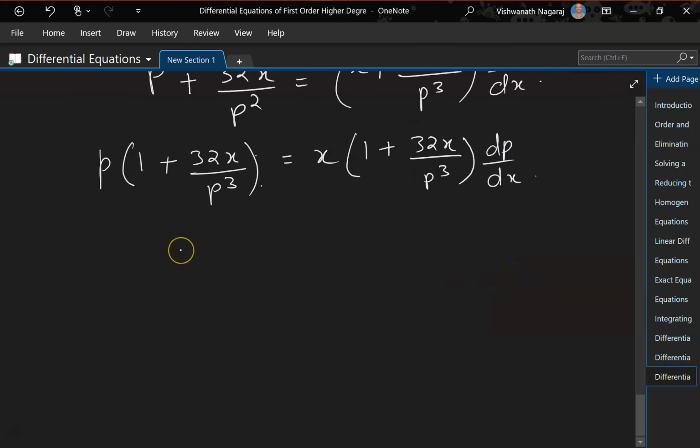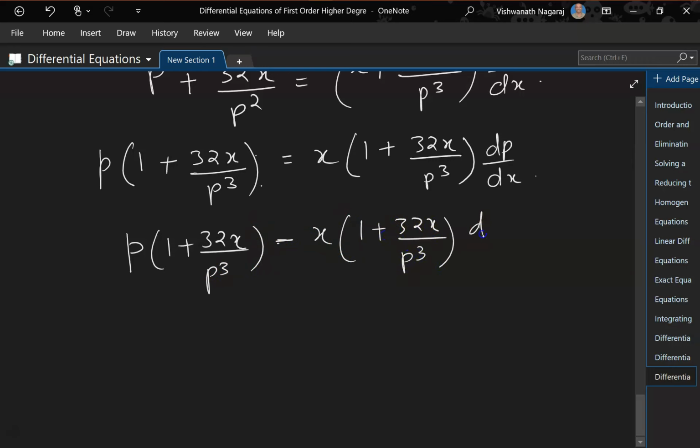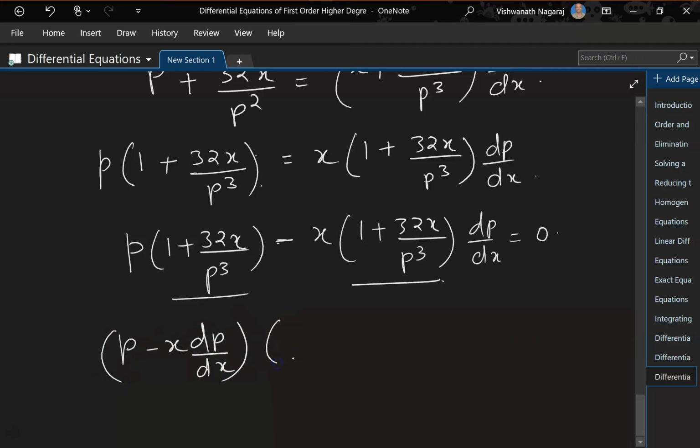Let's bring it to the same side, so p times 1 plus 32x by p cube minus x times 1 plus 32x by p cube dp by dx equal to 0. And this is common, so p minus x dp by dx times 1 plus 32x by p cube equal to 0.